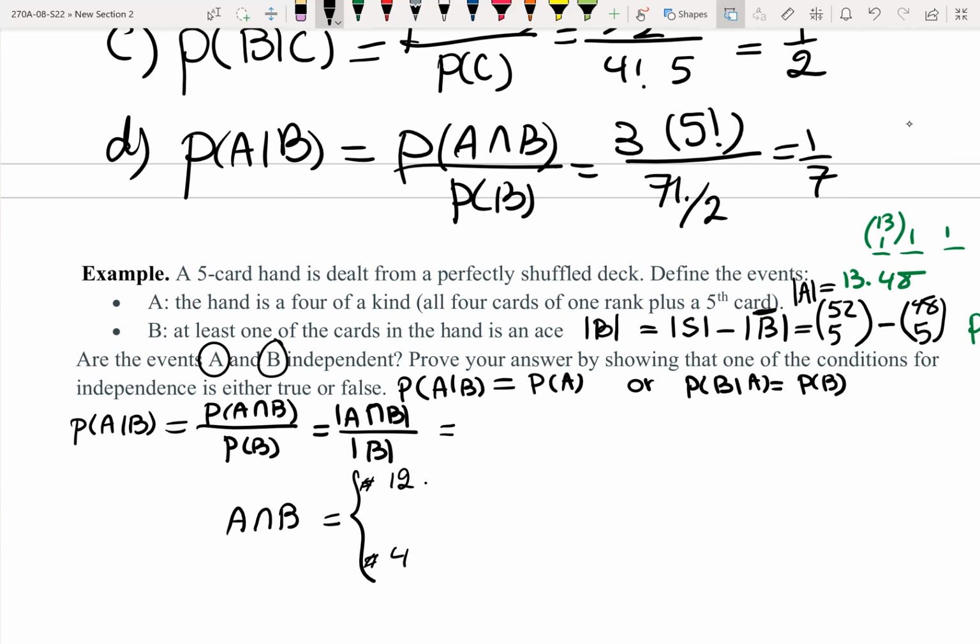So you have to separate. Think about the top one that you see. Let's take care of the one where you have 12 non-aces to choose. And then what is the selection left for the fifth one?